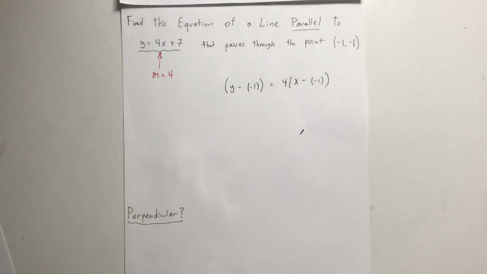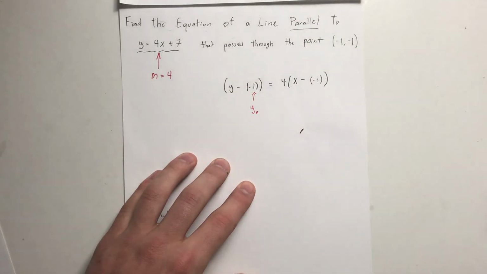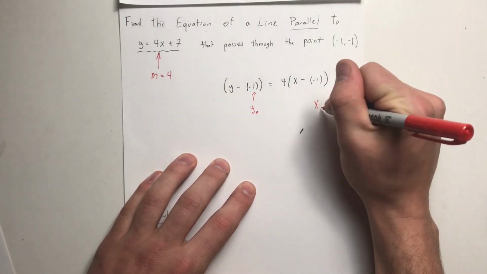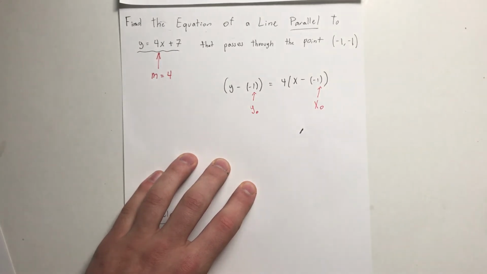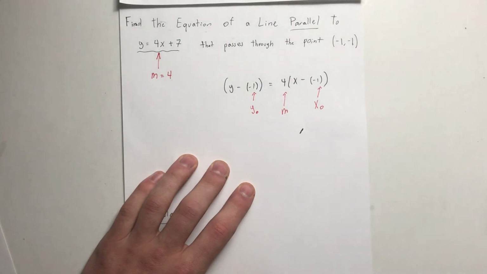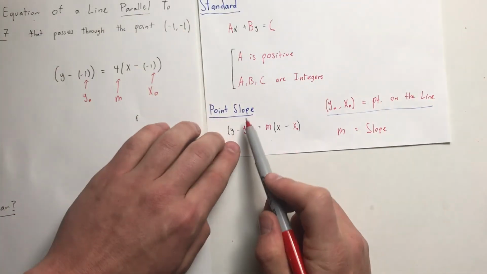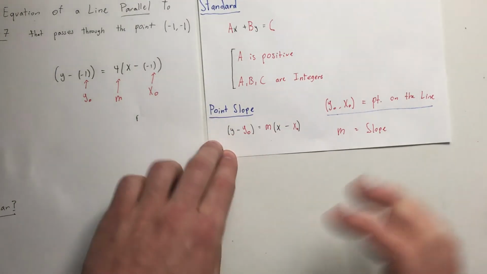So just to make this a little bit more clear, our y naught is this guy right here, our x naught is that right there, and our slope, our m, is that 4. So we just went through and plugged in to this general formula here.